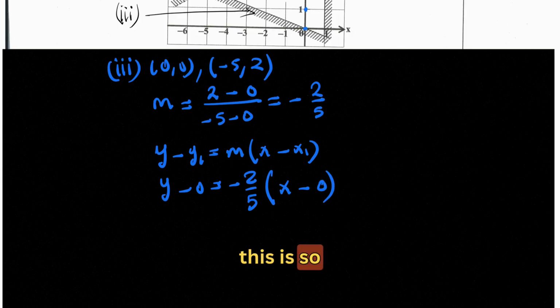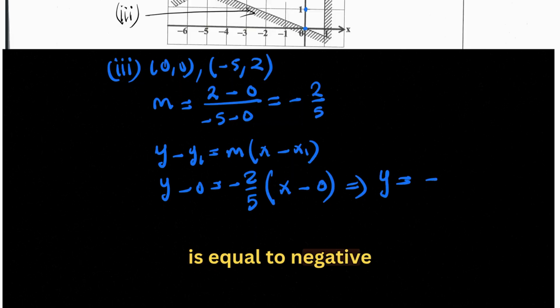So this line is just y is equal to negative 2 over 5x. All right, so we have y should be equal to negative 2 over 5x.